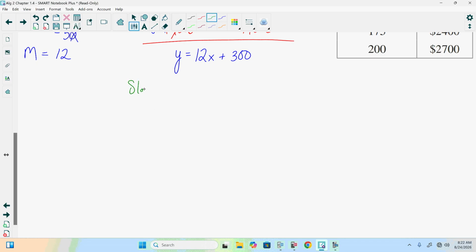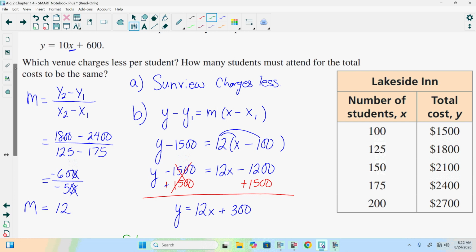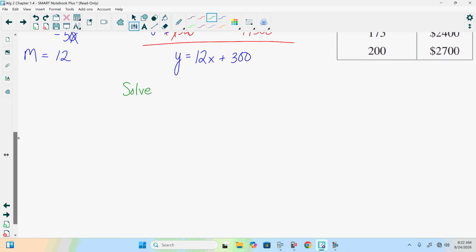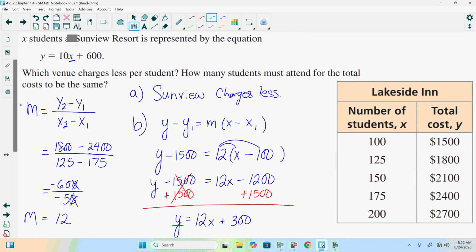Now to solve, what we're really trying to figure out is how many students must attend for the total cost to be the same, yes? Total cost, our cost, is that our x or our y? It's our y value, isn't it? So we're looking for where the y value for this here, this y, is the same as this y, yes?